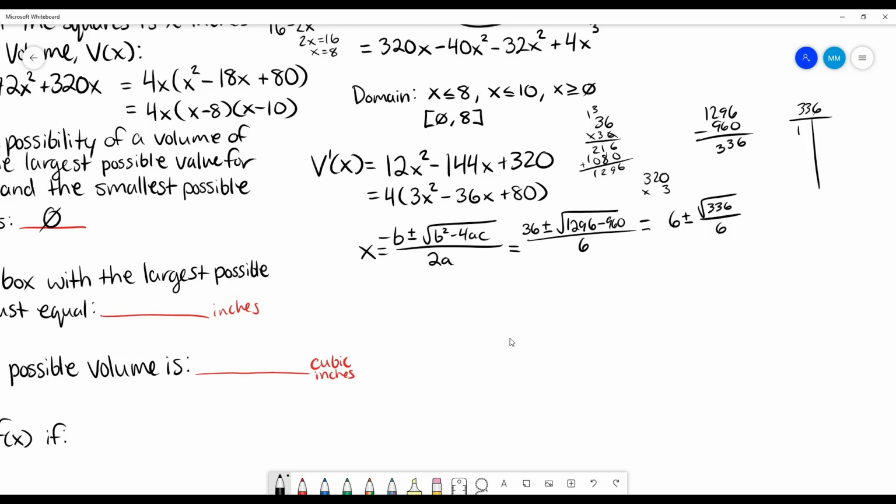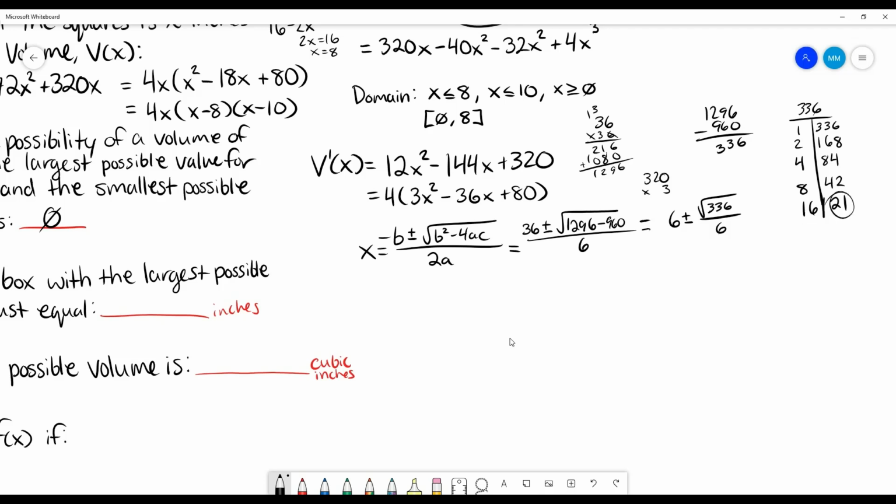So 336, there's obviously 1 in 336, there's 2 and 168, that should do that. And then I can go down to 4, and that's going to be 84, and I can probably go down to 8, and that's going to get me 42, 16, and 21.